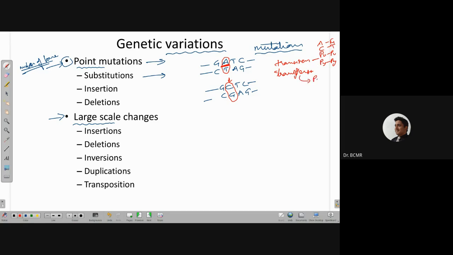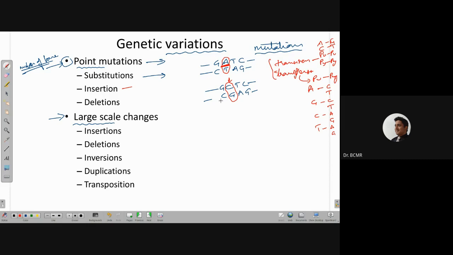Transversion is purine to pyrimidine or vice versa. So that means A could be substituted with C or T, and G could be substituted with C or T. C could be substituted with A or G, and T could be substituted with A or G. Those are substitutions.